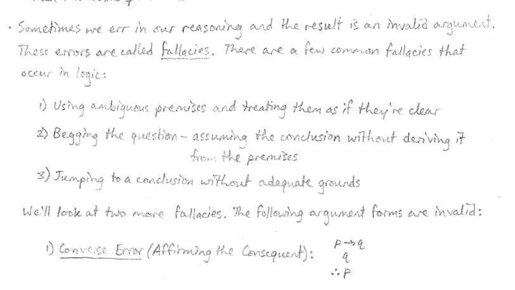Third one is jumping to a conclusion without adequate grounds. Namely, this is trying to arrive at the conclusion of your sentence or of your problem without showing that the hypotheses are necessarily true.